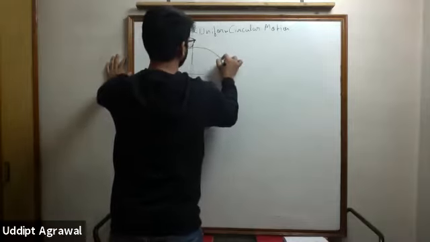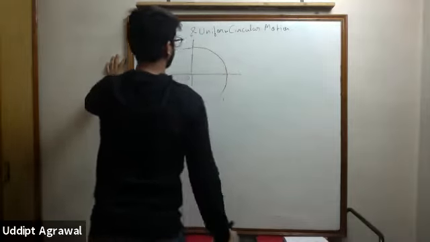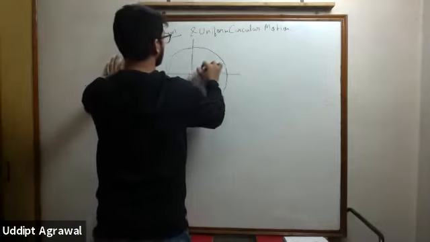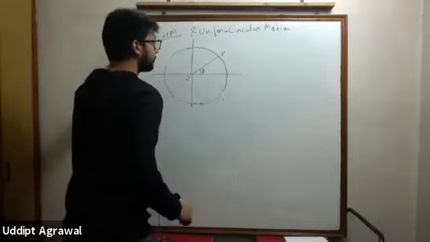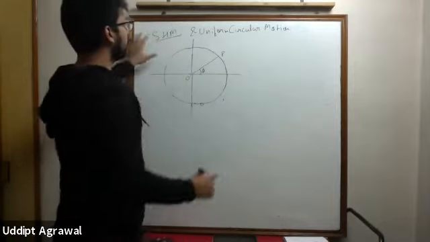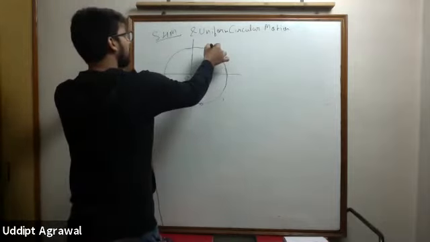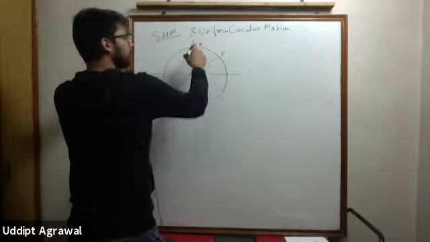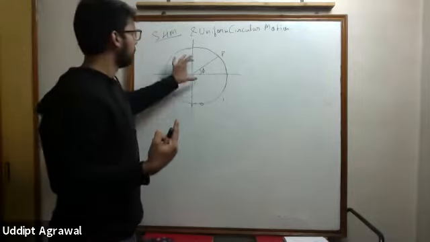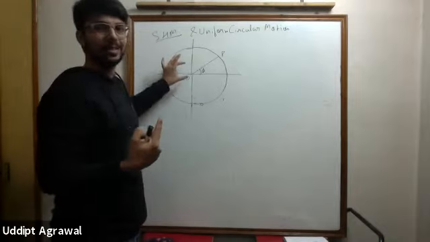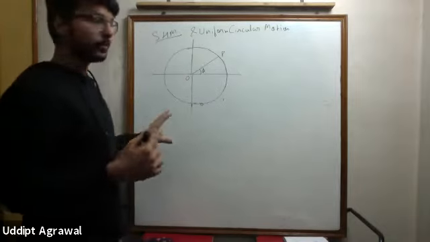Say I start here, and this is my initial angle. What I essentially want is, when I'm moving this particle, because essentially our argument is that uniform circular motion can be portrayed as simple harmonic motion, right?